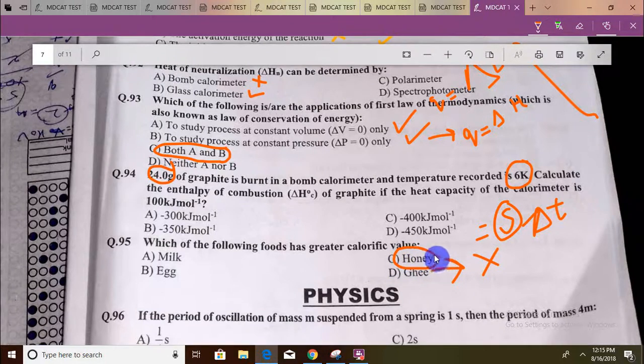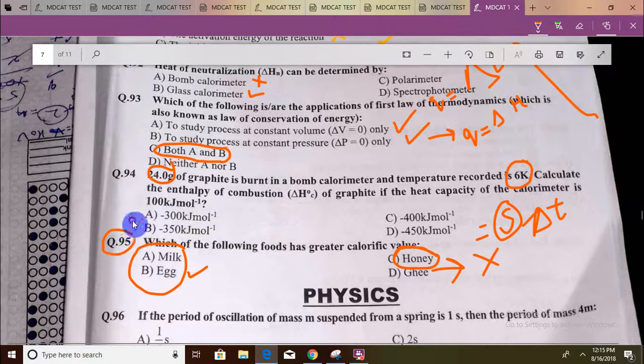Milk or egg. So I think when we boil milk, is it the one that boils for less heat, or is it the egg? Because we boil both of these. I think egg is the one with the greater calorific value. I'm not 100% confirmed on this one.